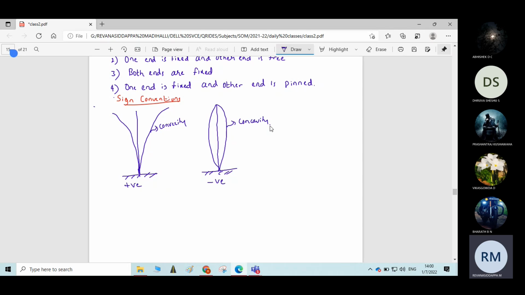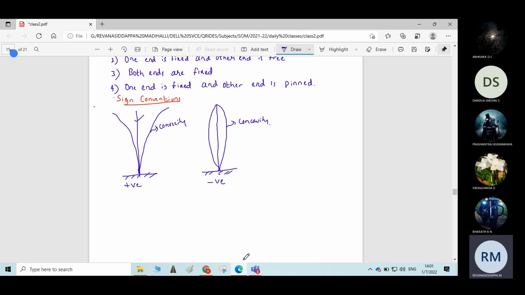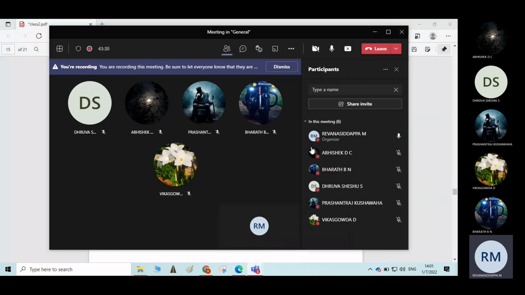If the column bends in convex shape towards the center line, the sign is positive; if it bends in concave shape, we use the negative sign. This is the sign convention. I hope it is clear for you all. Is that clear, students? Yes, sir.